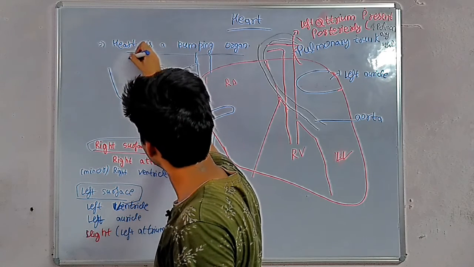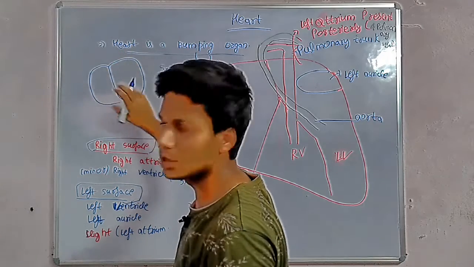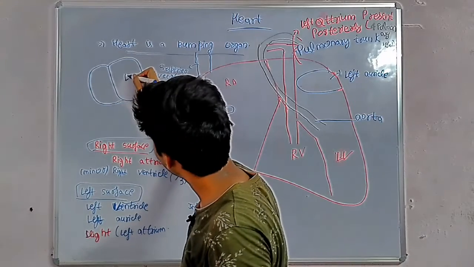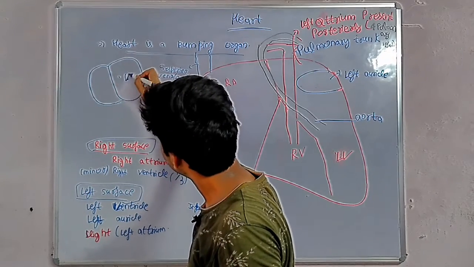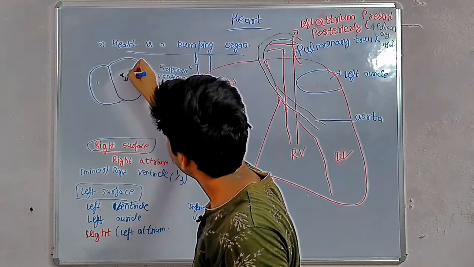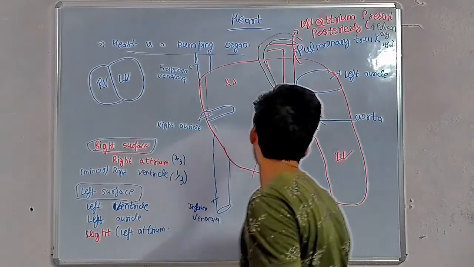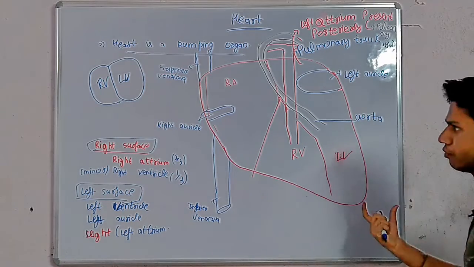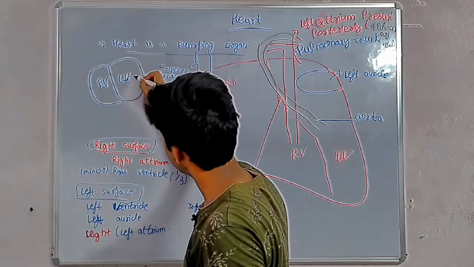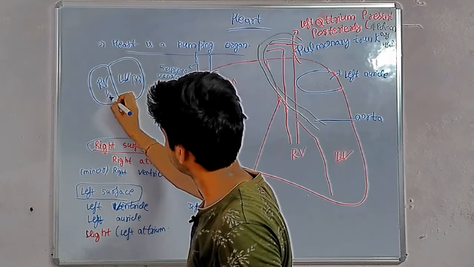This whole portion is covered by the ventricles, right ventricle and left ventricle. The majority is covered by the left ventricle, some by the right ventricle. Let's say this is 2/3, this is 1/3.